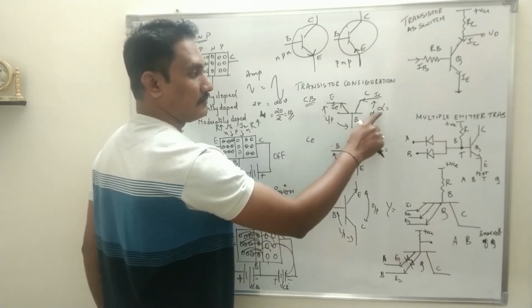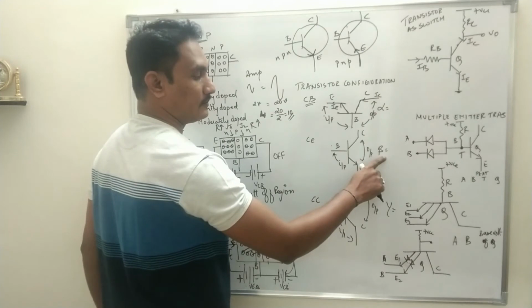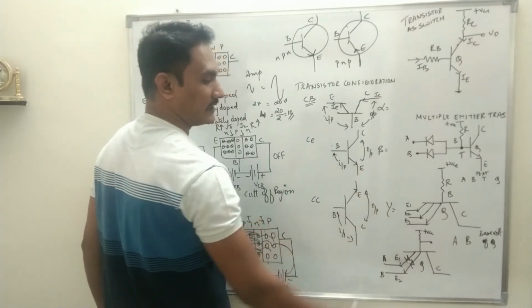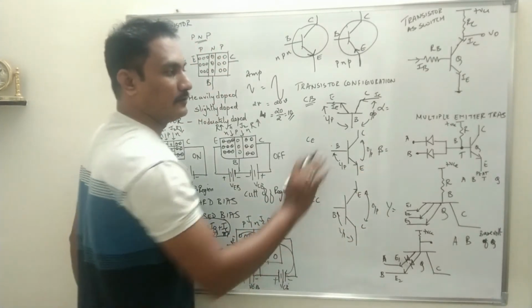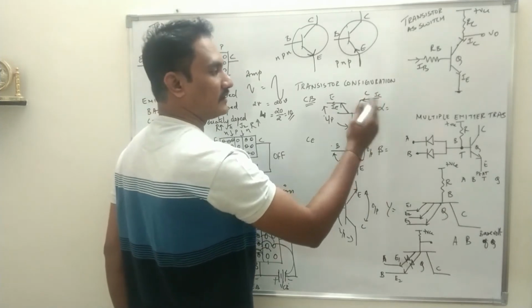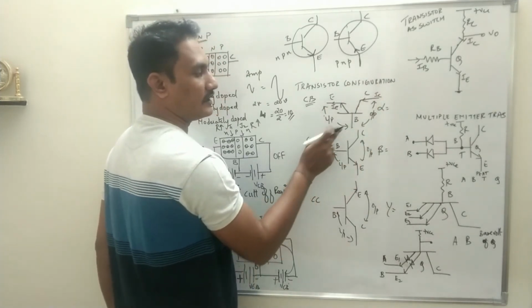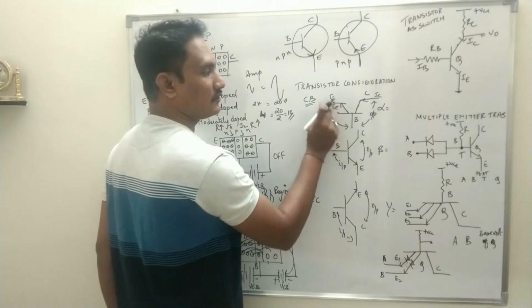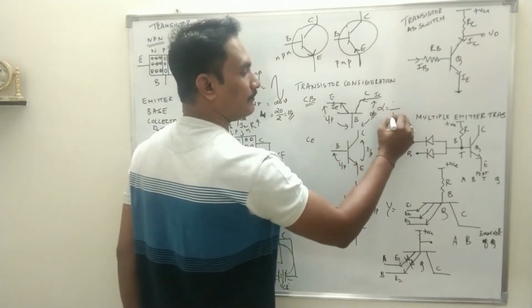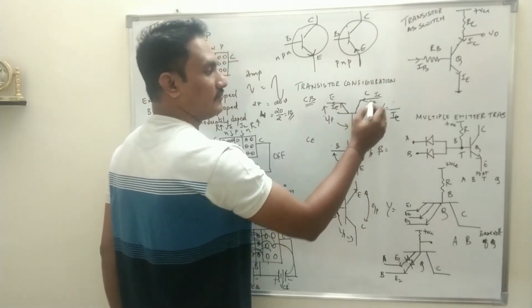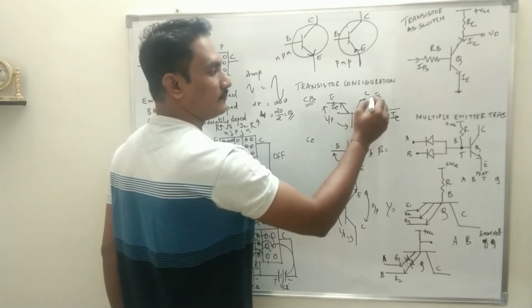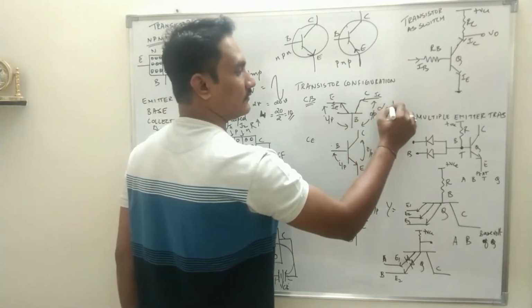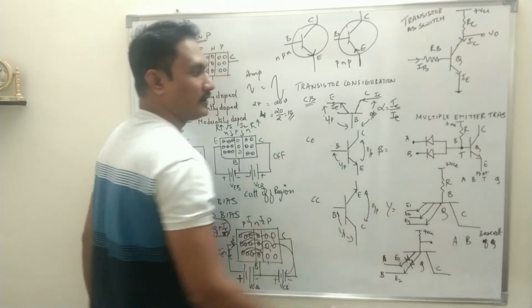So once we understand the basic configuration, this is the current amplification factor. In case of common base, it is alpha, common emitter beta, and common collector gamma. By default, current amplification factor is output current upon input current. Input is applied between emitter and base, so input current is IE, and output is taken from collector and base. Base is common, so we leave that, so that will be IC. So alpha is IC upon IE.